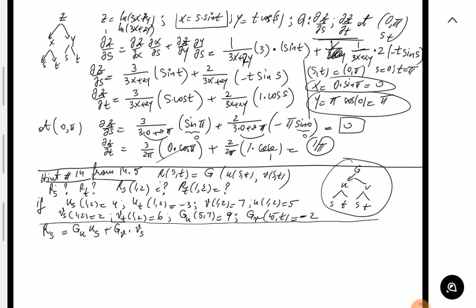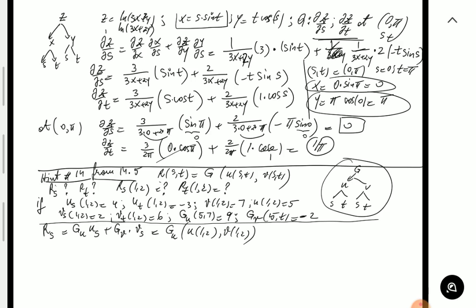But to make it clear, this is where we have to be a little bit picky. What we're talking about is that G_u is again a function of u and v, which is to be evaluated at the point in question, 1, 2 for s and t. Remember, we have to compute eventually r_s at the point 1, 2.